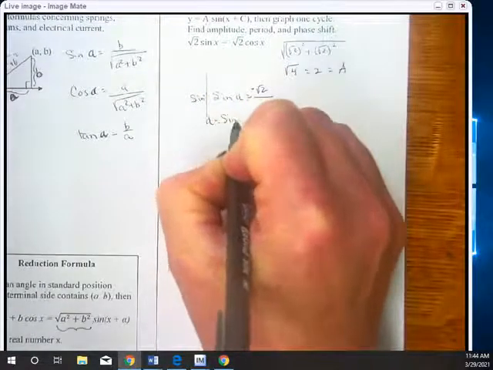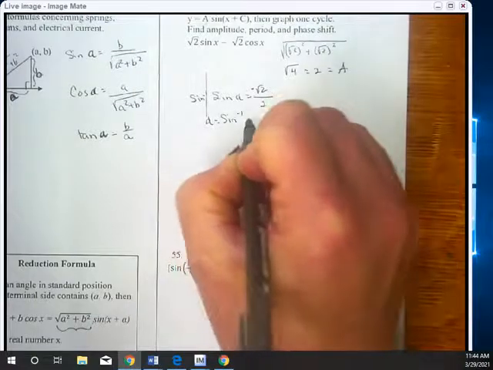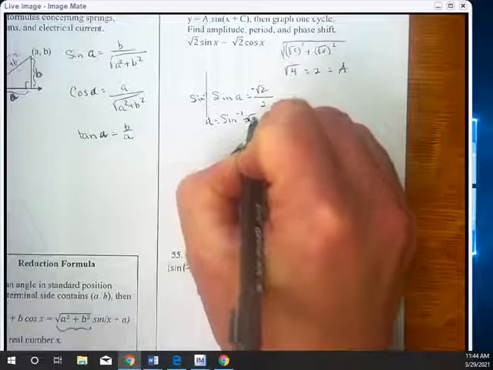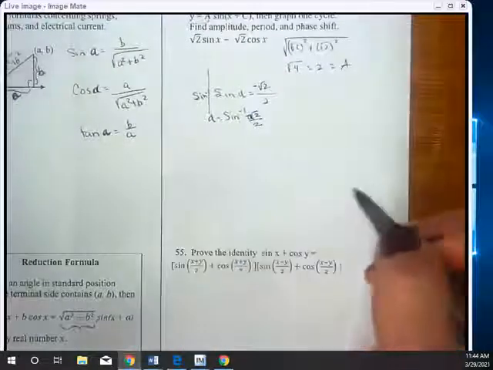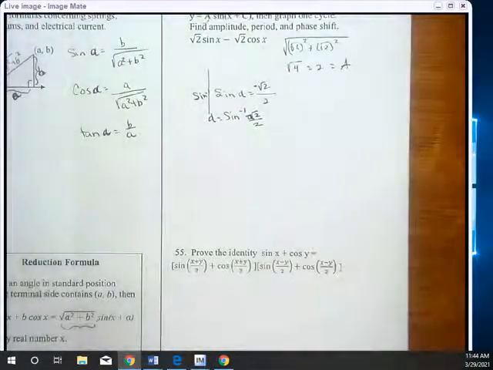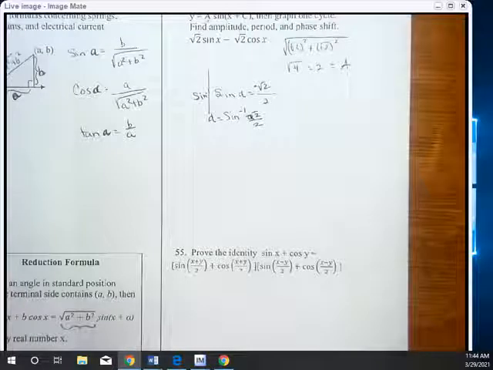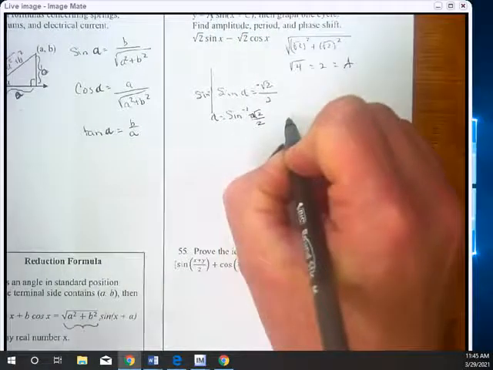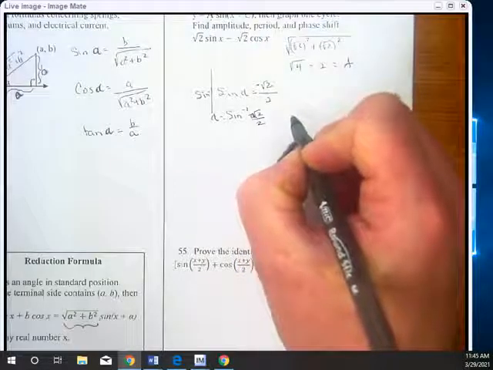So the arc sine is saying, what angle gives me a negative radical 2 over 2? Which one gives you a radical 2 over 2? 45. So we're at 45 or pi over 4.